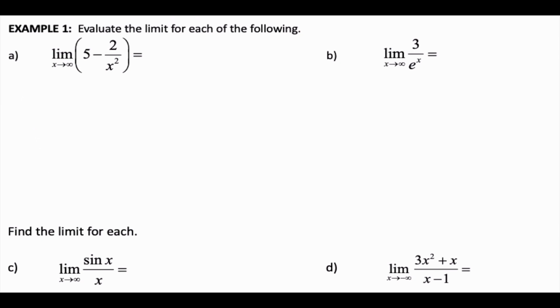So I'm going to say the limit as x approaches infinity for 5, minus the limit as x approaches infinity for the second part, 2 over x squared. We haven't talked about the properties. We'll talk about it probably later this week. But that's one of them. You can break it up into pieces.